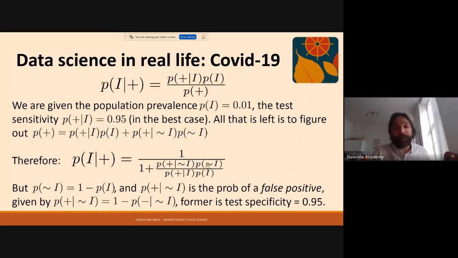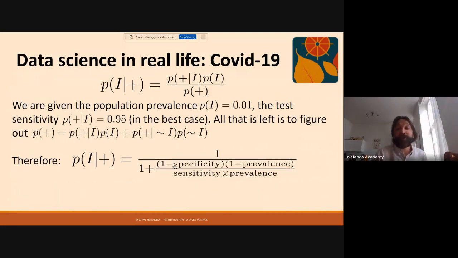And the probability of testing positive given that you're not infected is the false positive rate, which is just 1 minus the specificity. The specificity is the probability that you test negative given that you are healthy, so 1 minus that is the false positive rate. If we put all of those realizations into the Bayes formula, you get this formula.